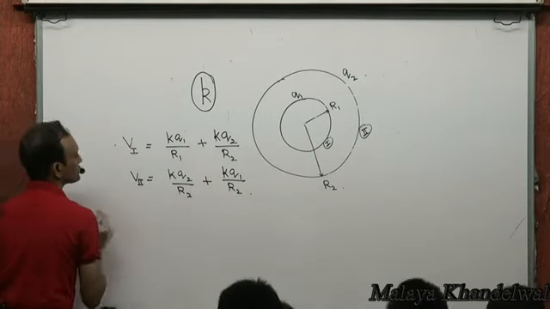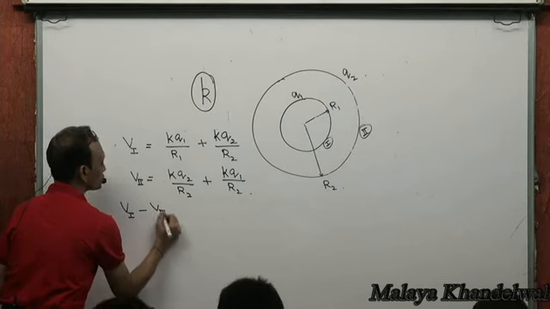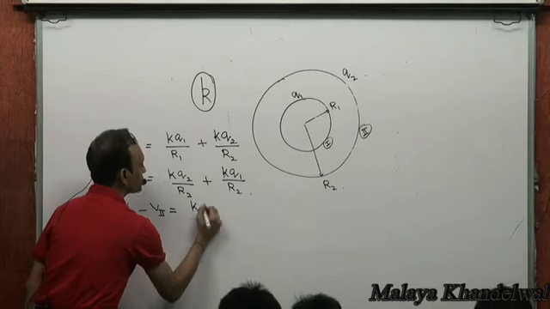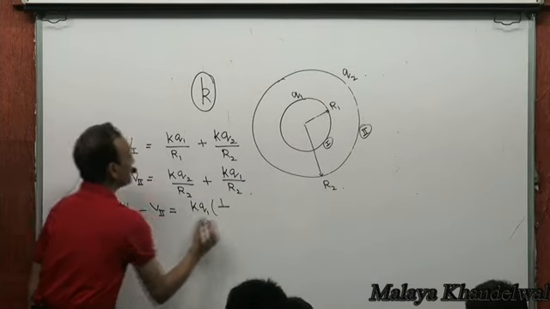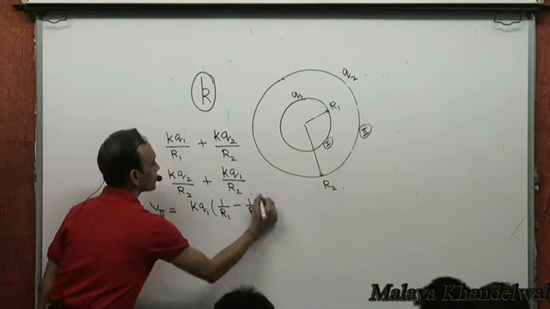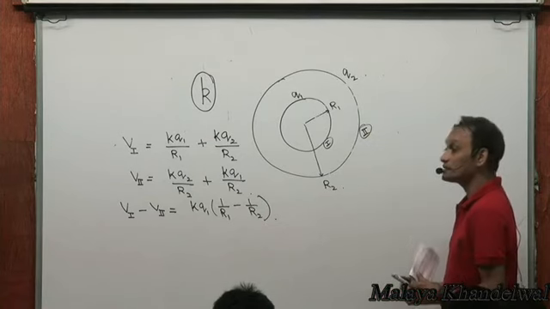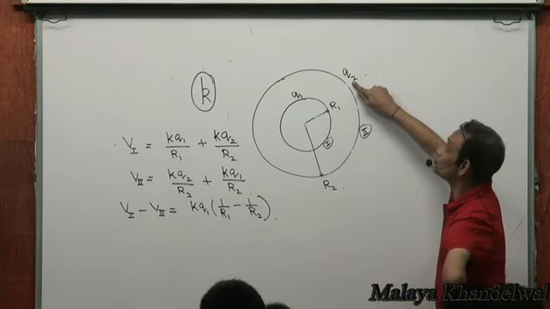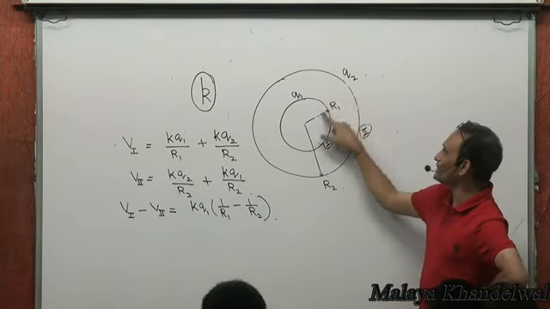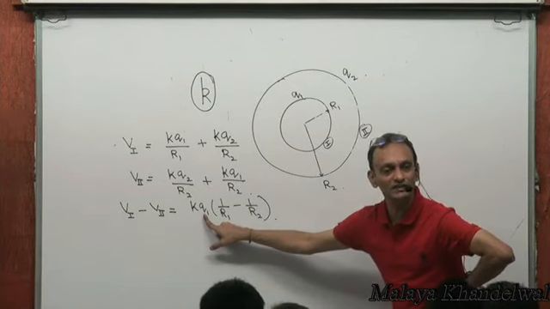And now if I take the difference, say potential 1 minus potential 2, kq2 by r2 will get cancelled, leaving me with kq1 into 1 by r1 minus 1 by r2. Which means now if I change q2 to q2 prime, the potential difference will not change. The potential difference between these two surfaces will depend only on the charge on the inner surface, yes or no?